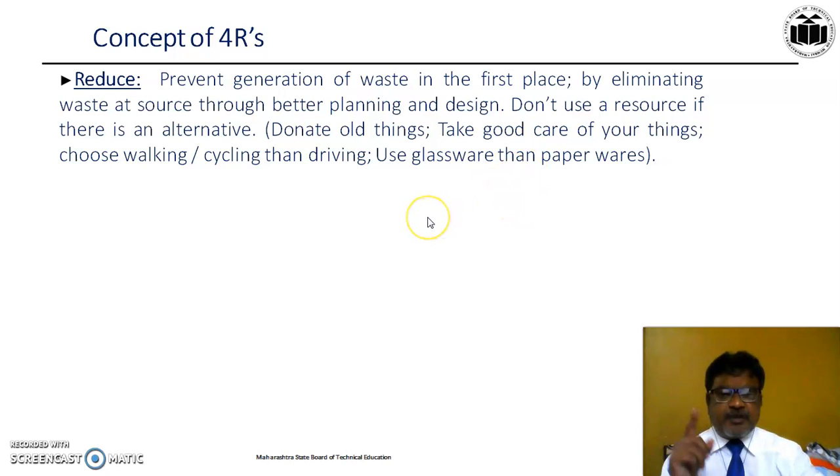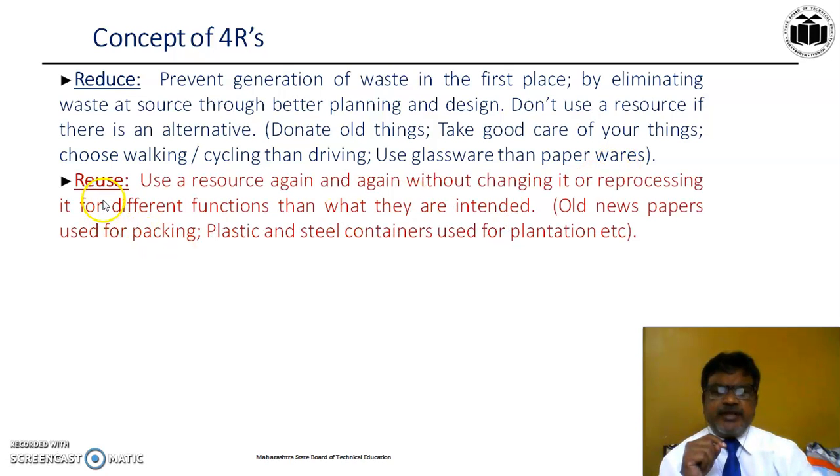The first principle of 4R is reduce. Reduce means preventing generation of waste in the first place. How can we reduce waste? By donating old things to others, taking good care of your things, choosing walking or cycling rather than driving, using glassware rather than paperware, and so on. The second concept of 4R is reuse.